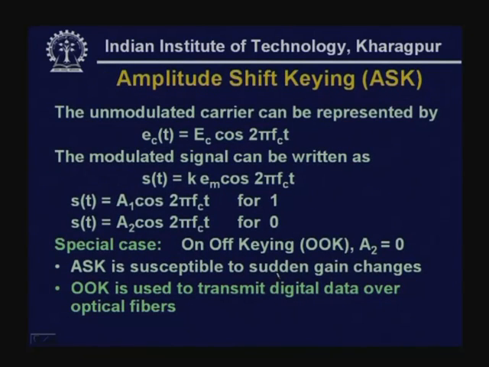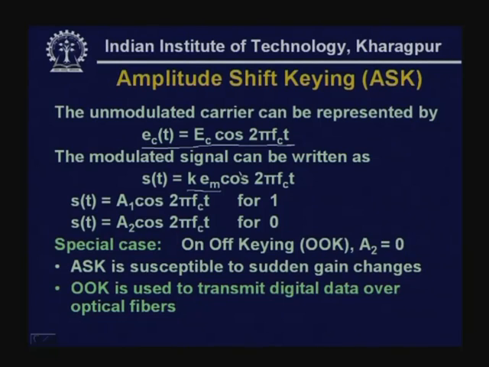What is amplitude shift keying? Suppose the unmodulated carrier is represented by ec(t) = Ec cos 2π fc t. The modulated signal can be written as k Em cos 2π fc t. Here, as you can see, the amplitude is being changed proportional to the modulating signal.